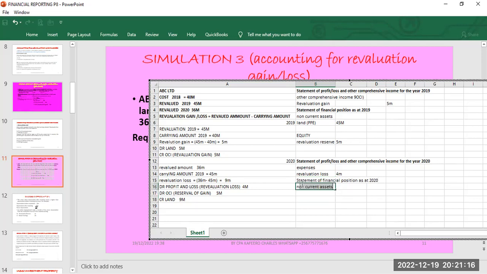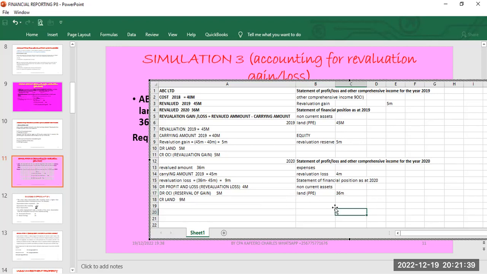So it's going to be under our non-current assets. Under non-current assets, we are going to be having land. You can say PPE, but this land is now going to be carried at a revalued amount, which is the 36 million.